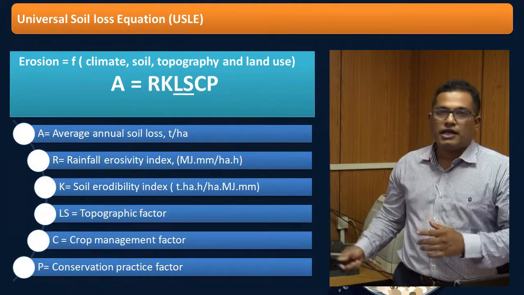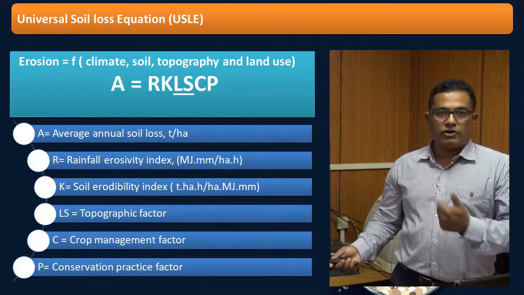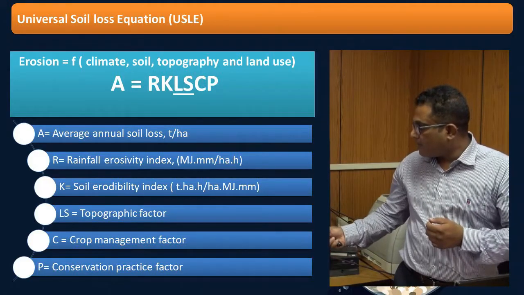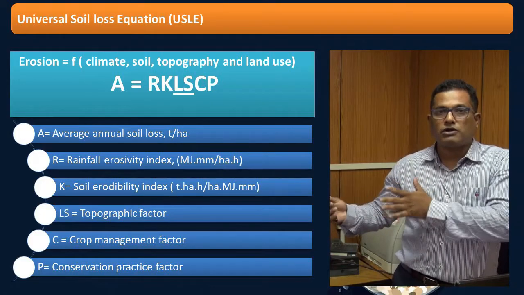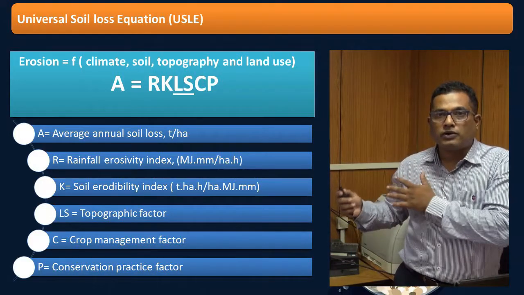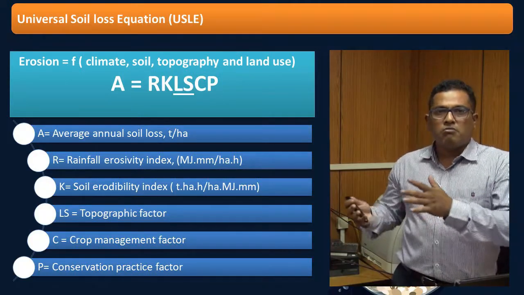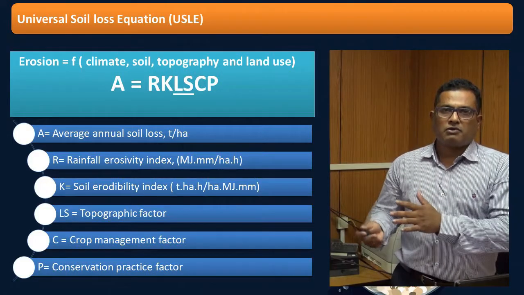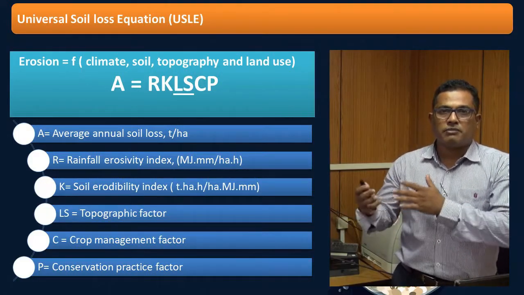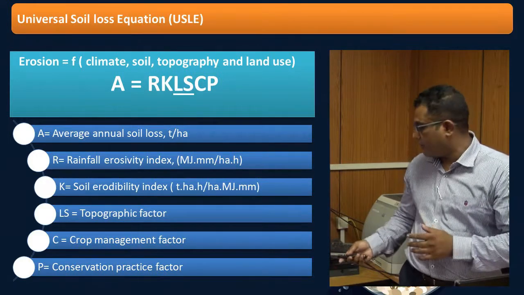R and K are not in our control, because the rain that is falling, we don't have any control. The intrinsic property of the soil, the erodibility or the capacity of the soil to resist the impact of rainfall, also more or less we do not have control over. Some control we might have through some manipulation of the soil or some amendments, but for most of it, R and K, we do not have any control.